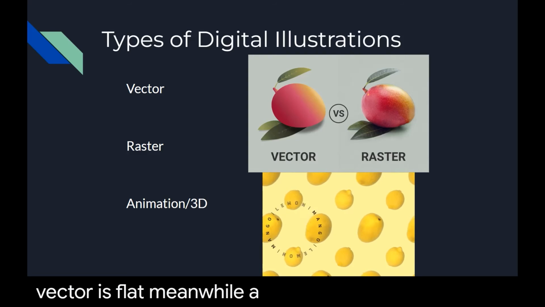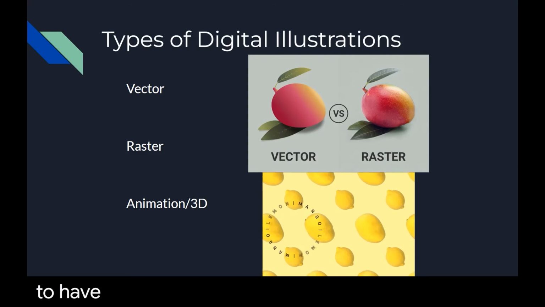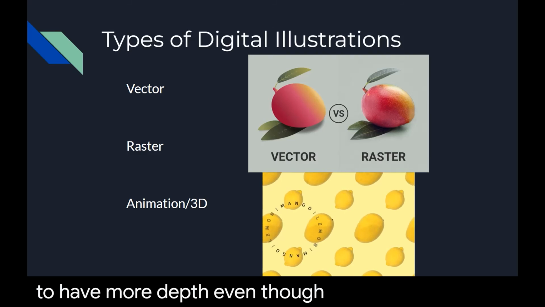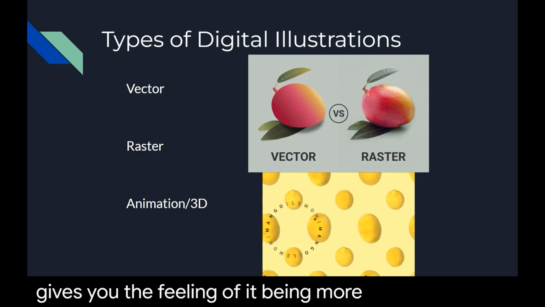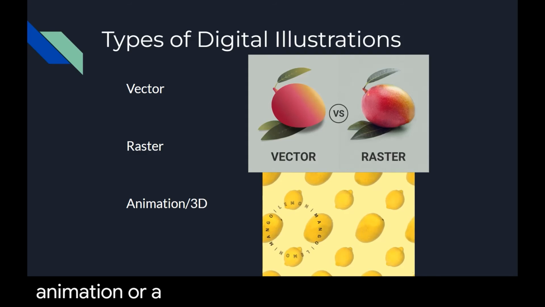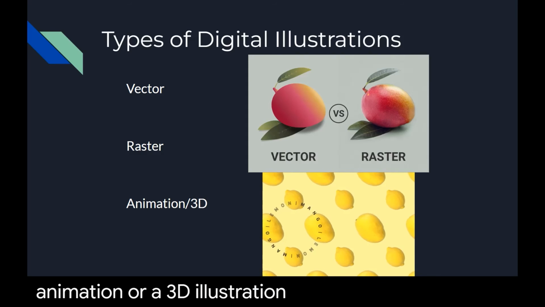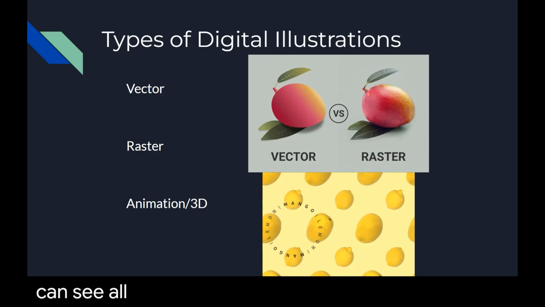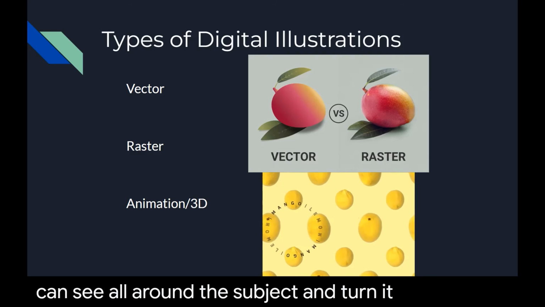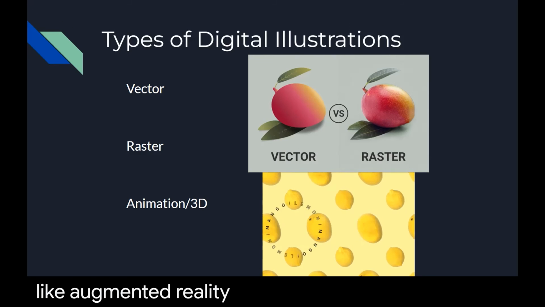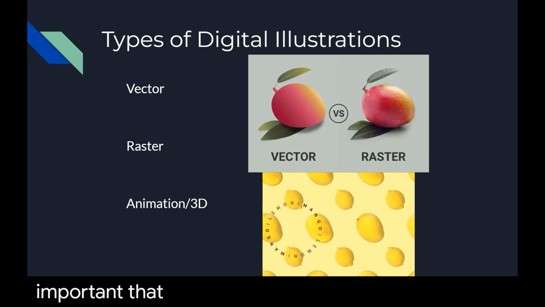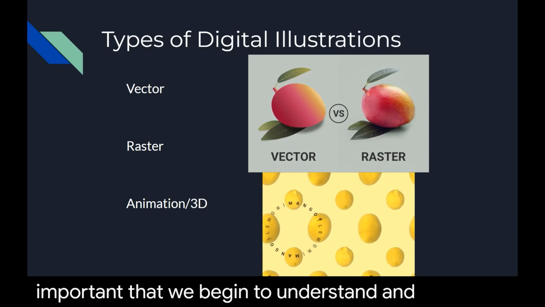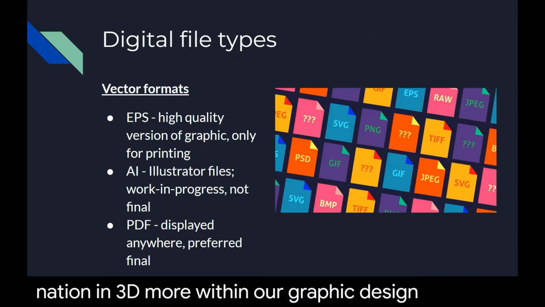Meanwhile, a raster image allows you to have more depth, even though it's still a 2D image. It gives you the feeling of it being more lifelike, where an animation or a 3D illustration is done in a way that you can see all around the subject and turn it with things like augmented reality and mixed reality. It is very important that we begin to understand and use animation in 3D more within our graphic design.